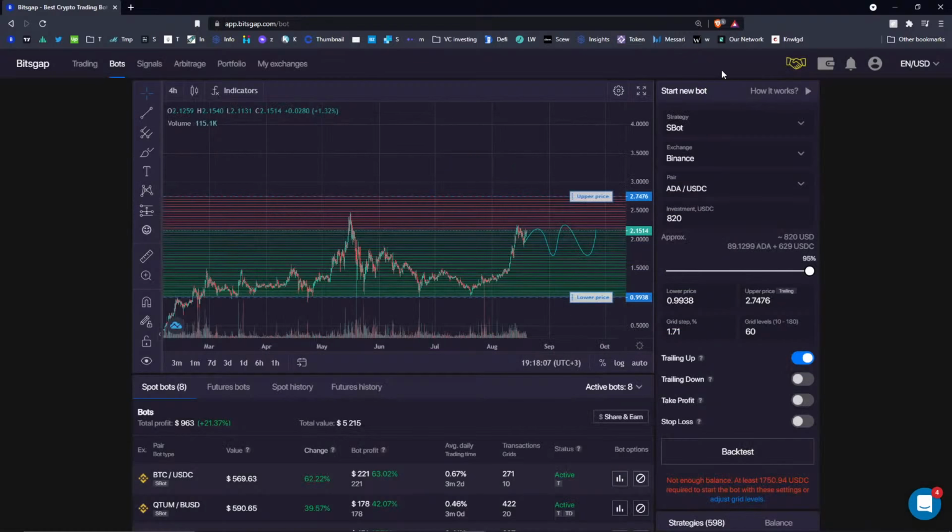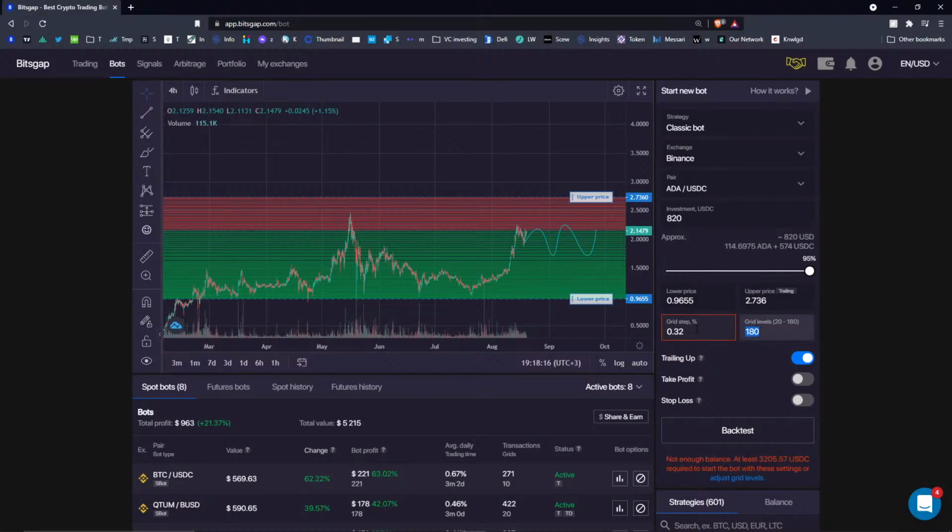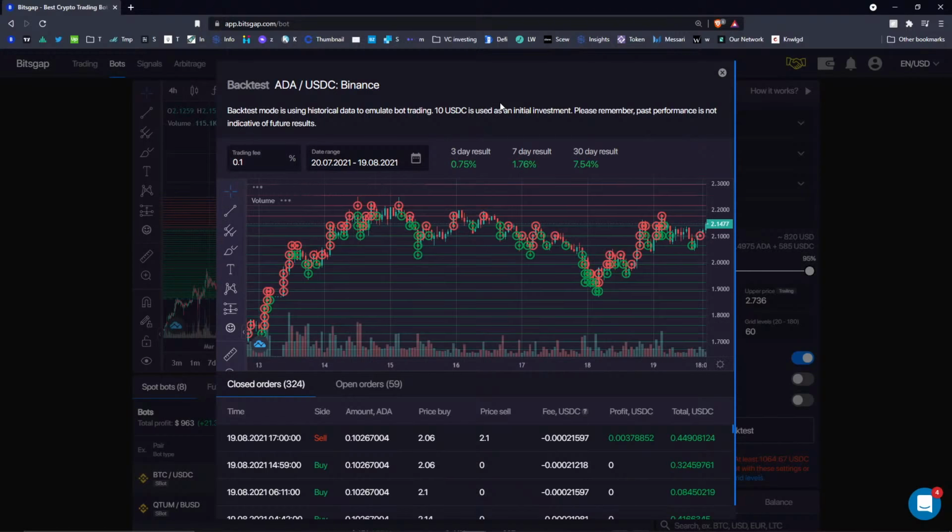But what if I would stick with the classic bot instead, with the same amount of grids? I think it was 60 or something. Backtest, and you see the result will be 7.55%.